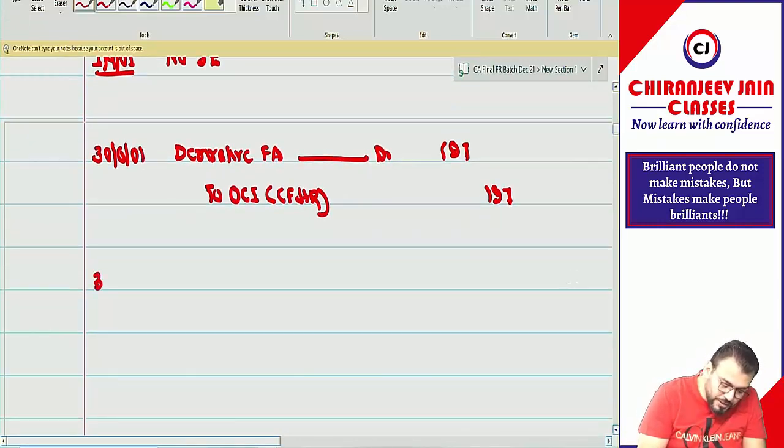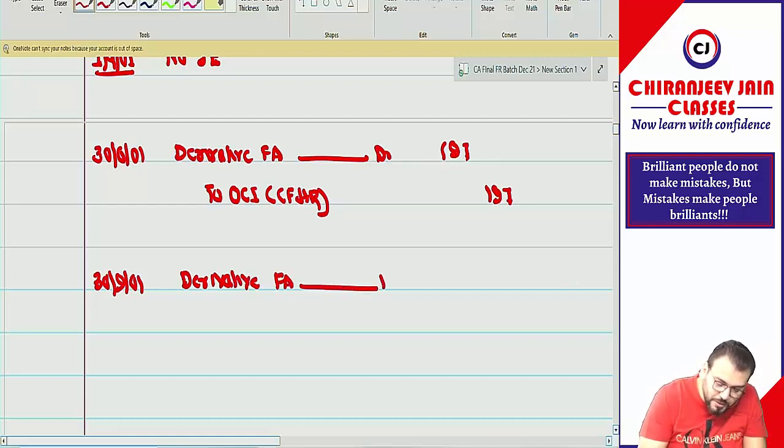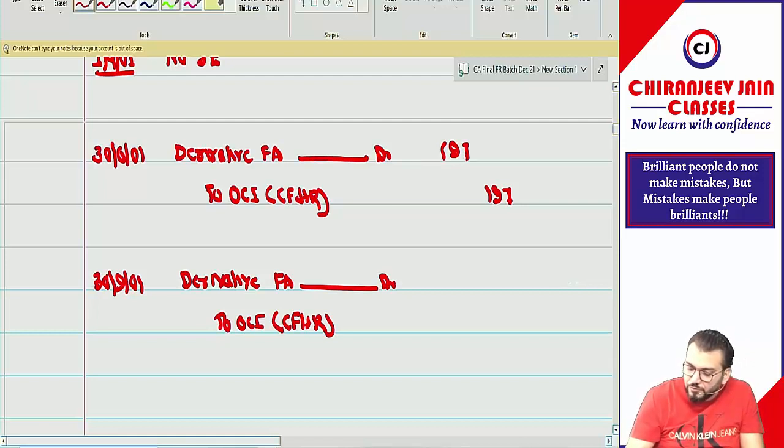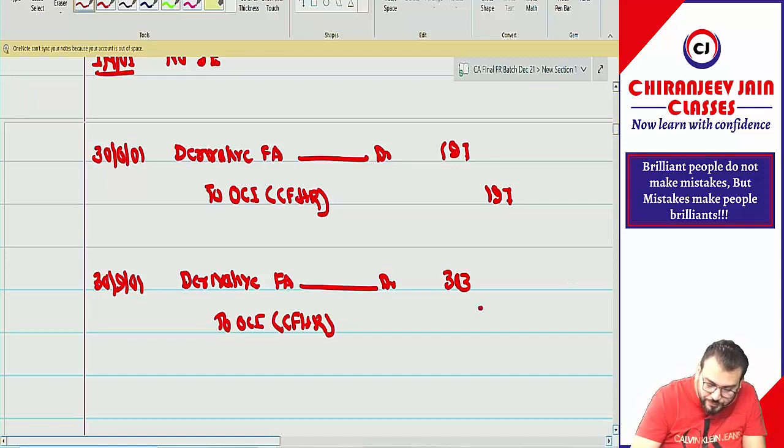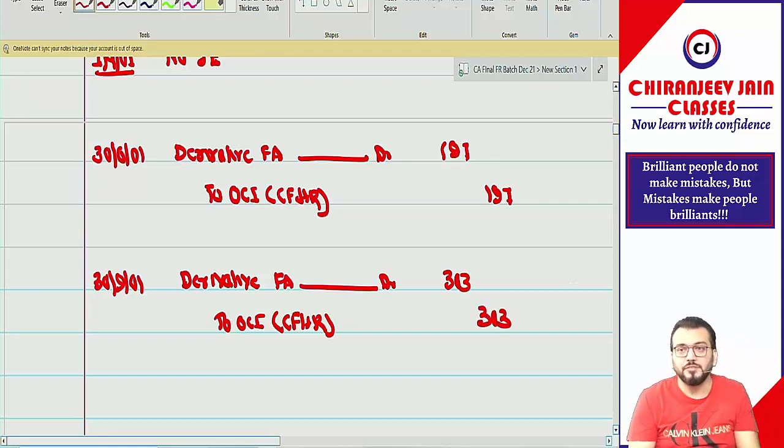Then on 30th September 2001, the value increases, so derivative financial asset account debit to OCI, cash flow hedge reserve, how much? 500 minus 197, that is 303. Gain now will pass journal entry with the gain.